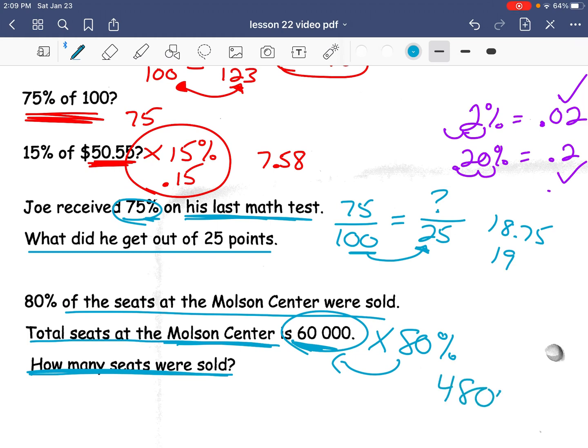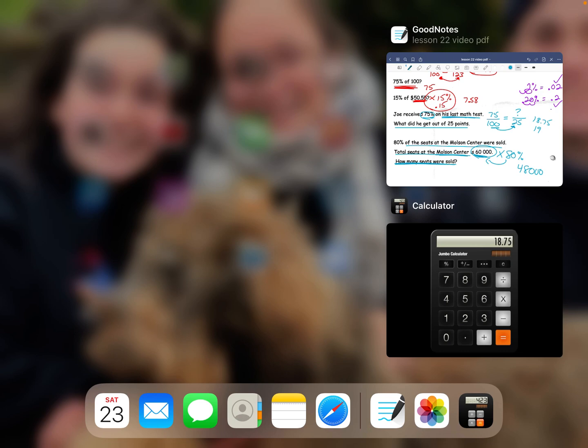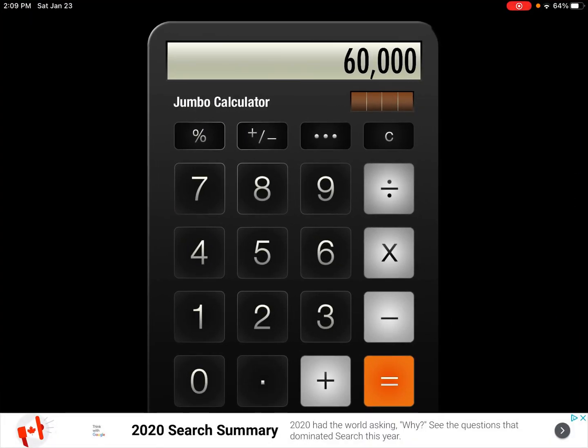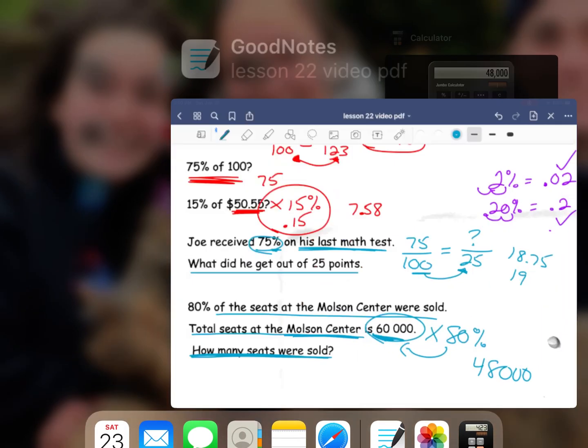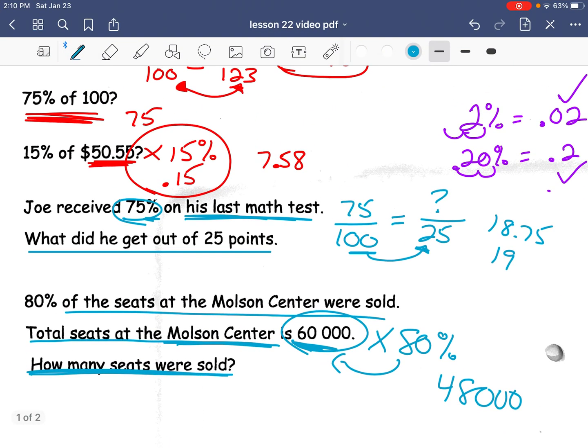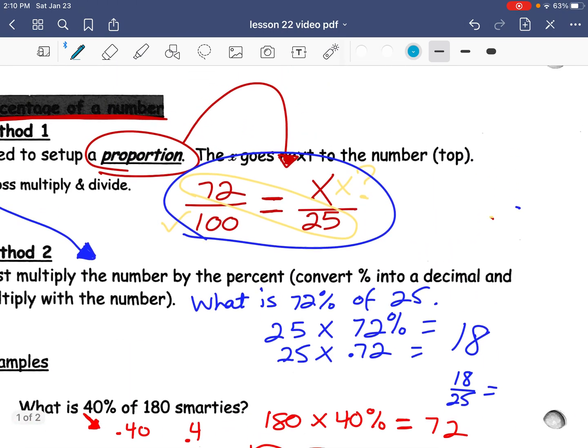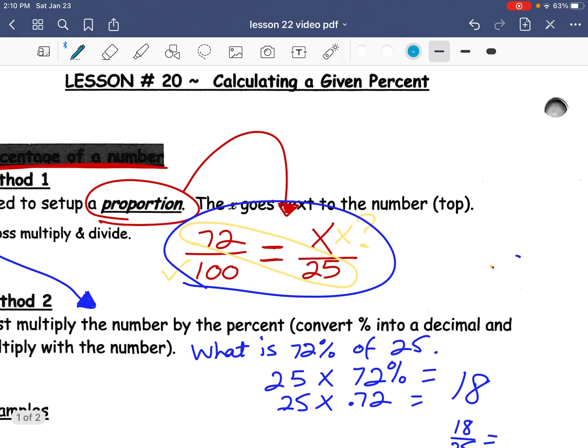I believe it's 48,000. Let me double check my math: 60,000 times 80%. Yeah, it's 48,000 seats right there. That is all just simple, different ways they would present to you that you just want to know how much percent of a certain number is.